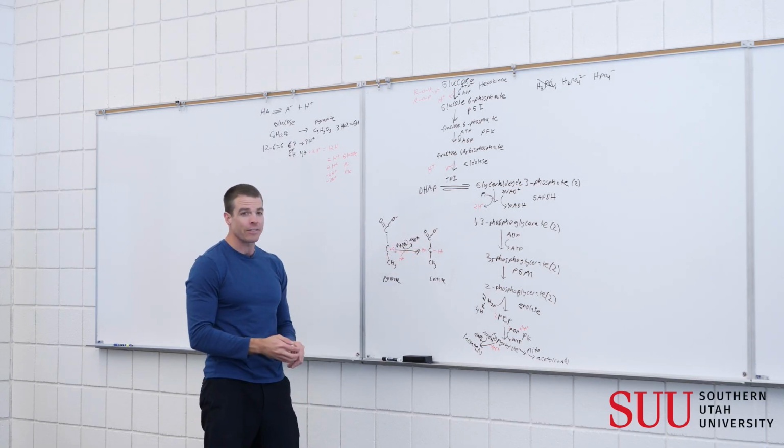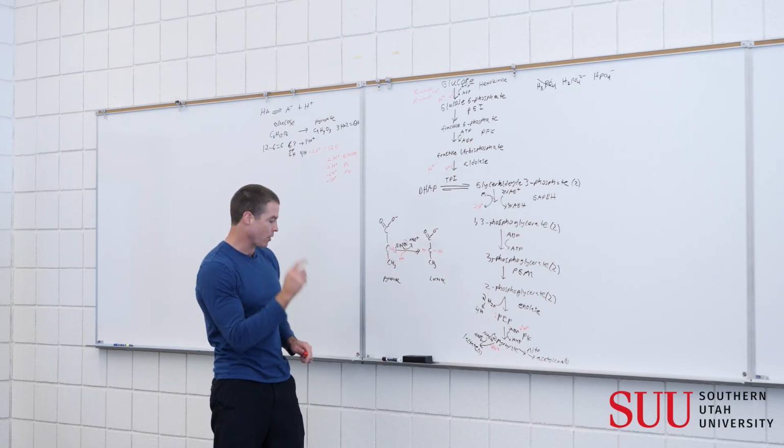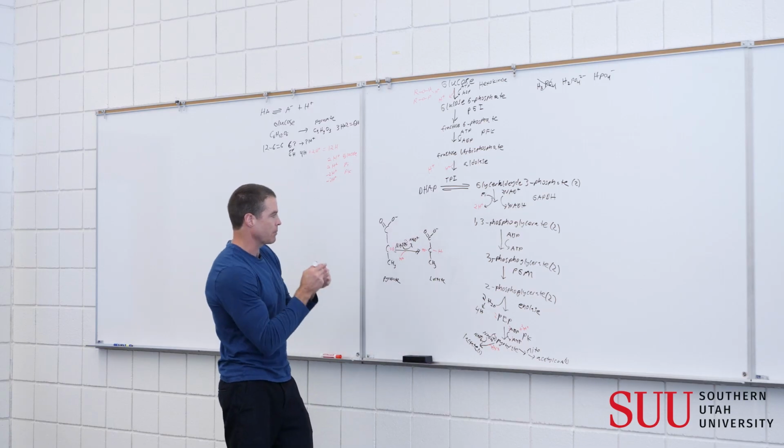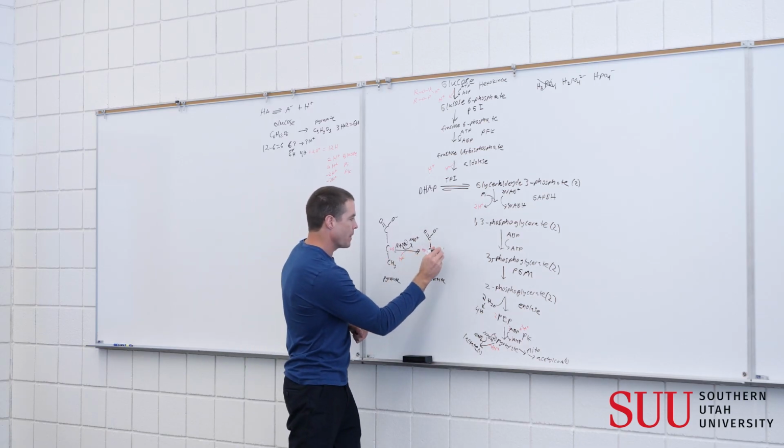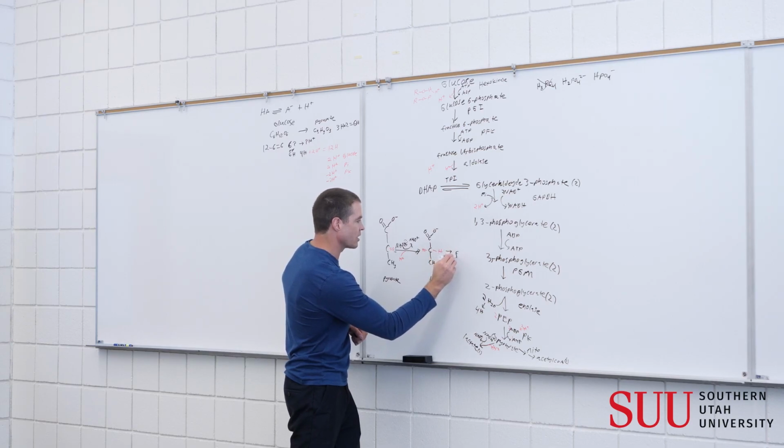Now, this is still different than lactic acid, which I want to talk about in a little bit, but I just want to write what that would look like. Basically, if we write lactic acid, we write the exact same structure, except you would add your hydrogen ion.